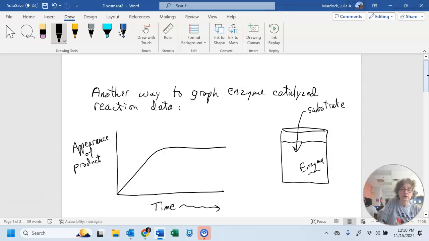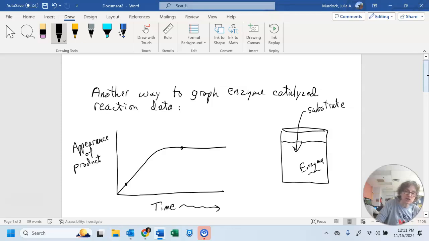Yes. Except, look at the x and y axes here. Appearance of product is not rate. Time is not substrate concentration. So you have to realize what's actually being measured here. So in this case, down here and up here, let's say those 2 points, where is the reaction happening more quickly?